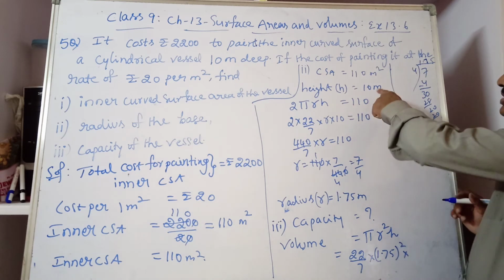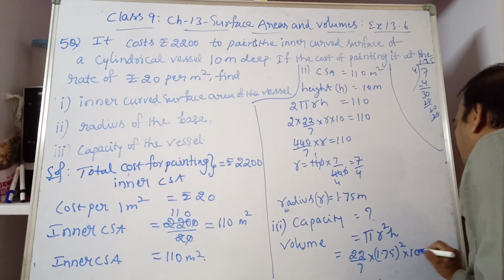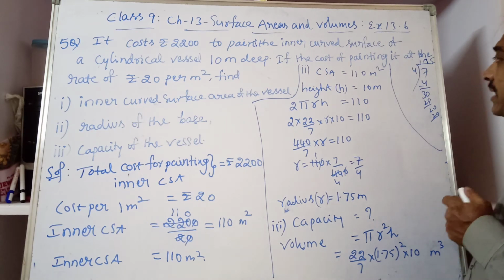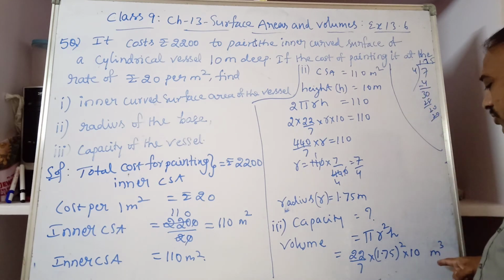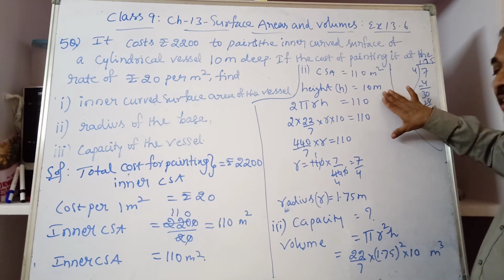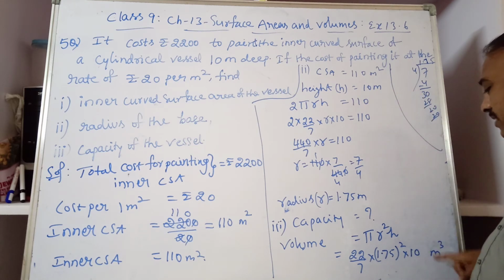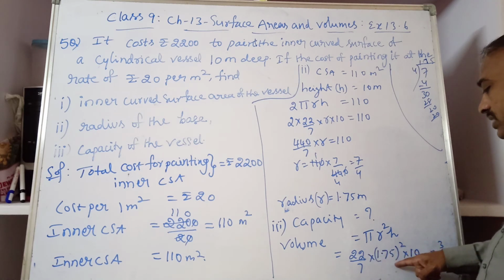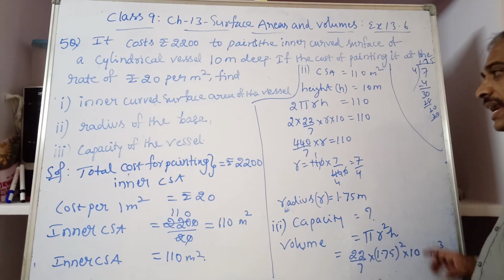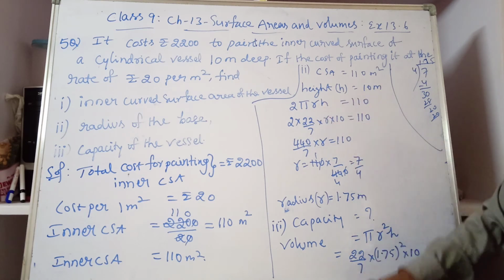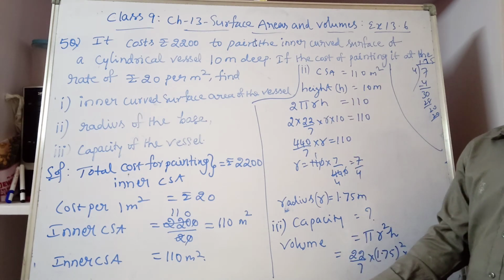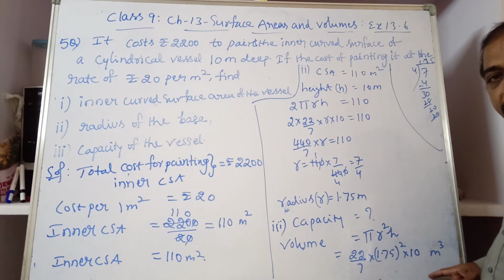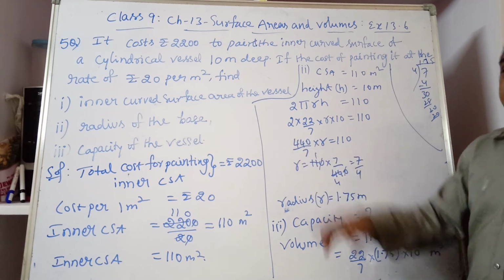Height is given in the question, that is 10. This is in meter cube, since meters are the given units. Now you have to simplify 22 by 7 into 1.75 whole square into 10, and convert it into liters because capacity needs to be in liters. Is it clear? I hope you understood. We'll continue this part now.